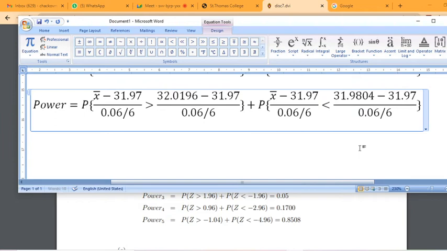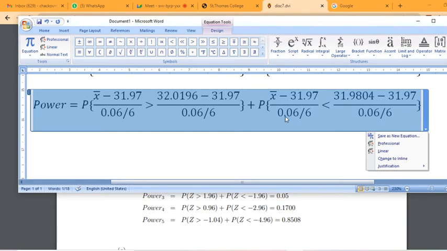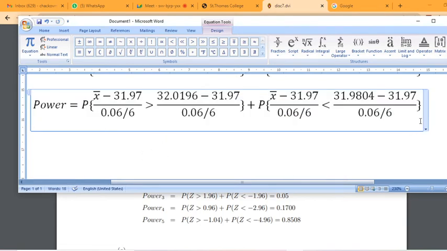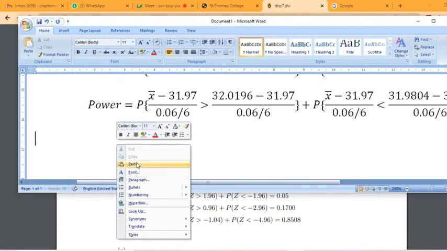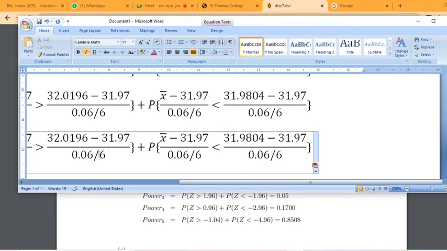What will be the value? Now you can compute the difference. What will be the difference?